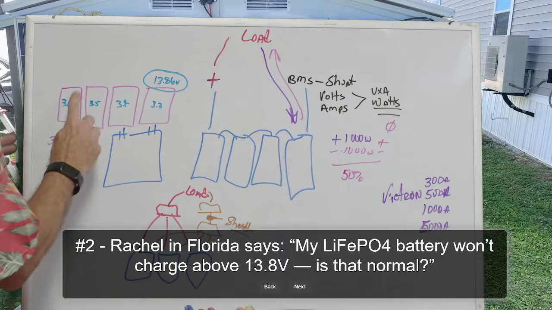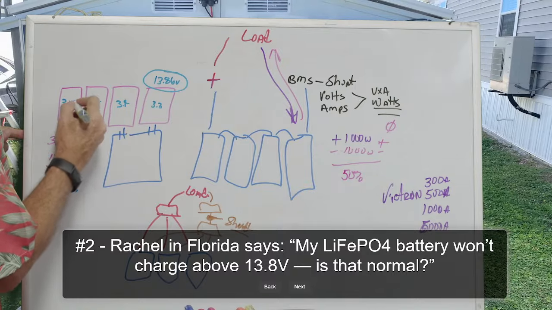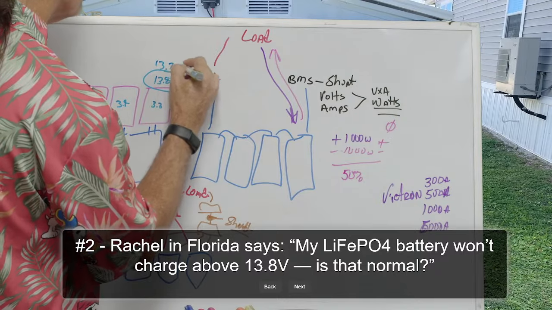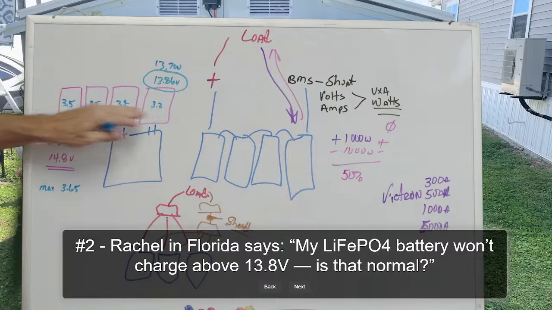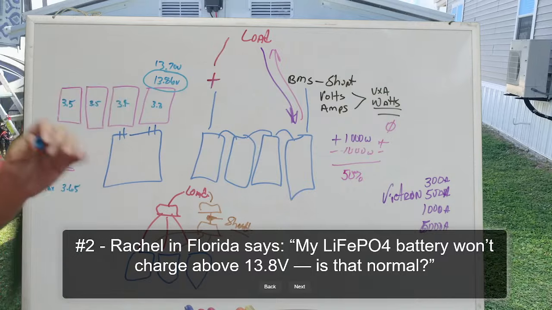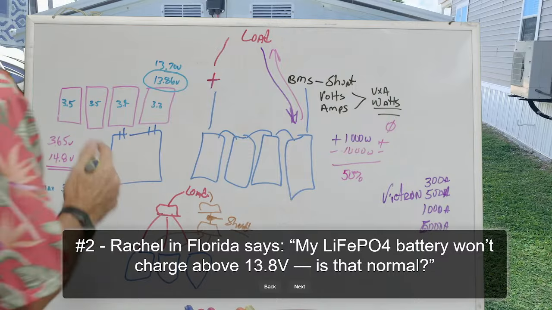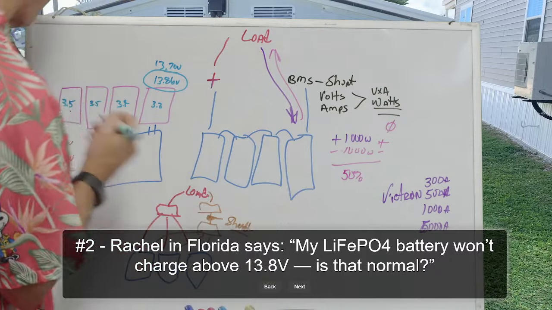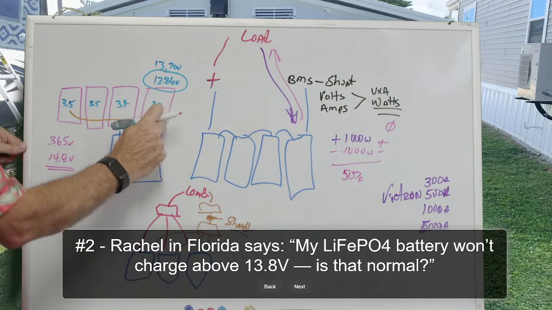Now, if by chance you could bring this voltage down to 3.5, it would then change this to 13.70 volts, and it would start charging again, putting energy back into all four cells. Now, that's what a balancer would do. In the case of an active balancer, it would take voltage from this cell, being the high cell, and transfer it to this cell, being the low cell.